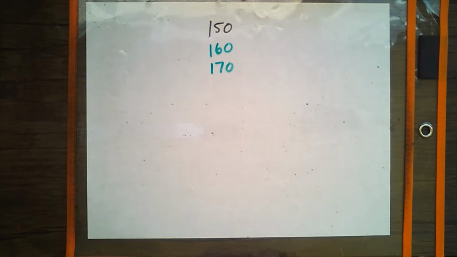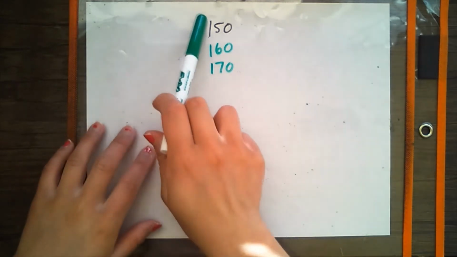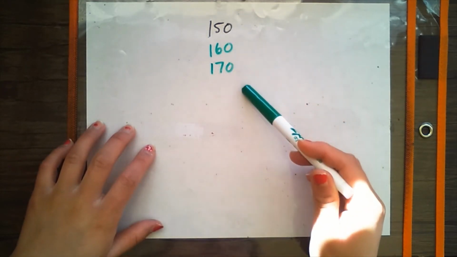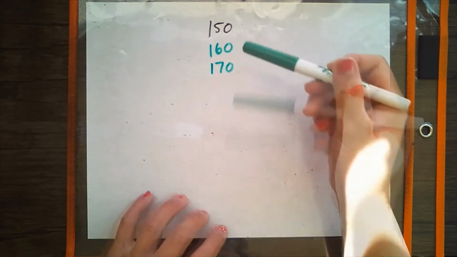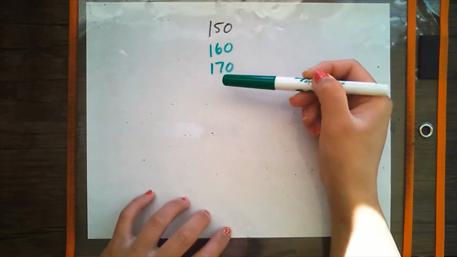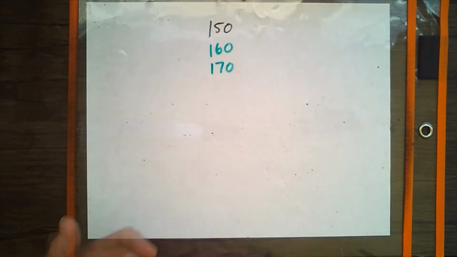Welcome back, friends. So, they all have 3 digits. The hundreds and the ones place are the same. But if you were thinking and you noticed this too, go ahead and give an agree sign. The tens are changing. The tens are changing every time we add a tens disc.